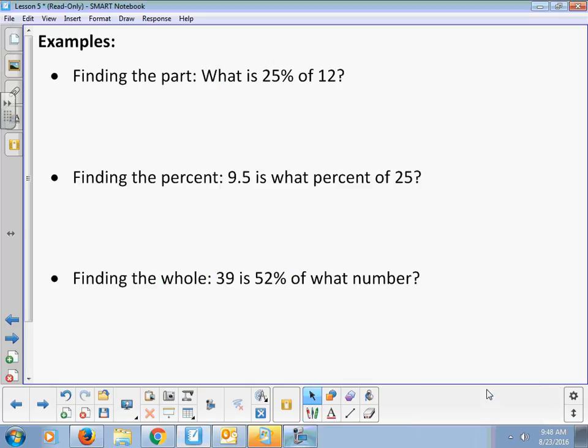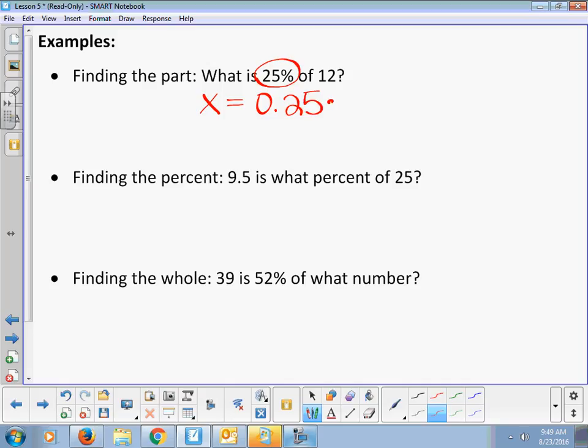Okay, so for the first question, we are finding the part. What is 25% of 12? What we know is our variable. Is means equals. Our percent we want to write as a decimal. And how do we write 25% as a decimal? 0.25.